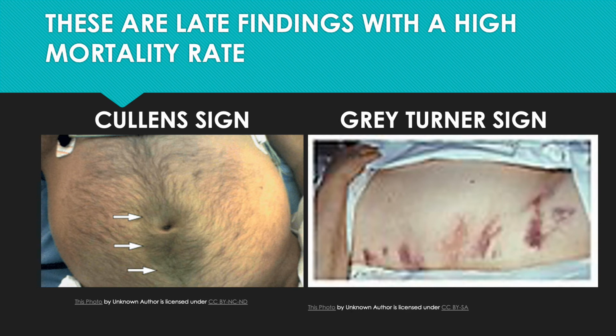Both of these signs are late findings, and they indicate bleeding in your abdomen. This is never a good sign to come across as a first responder. It means that this patient has needed medical attention for quite some time now.